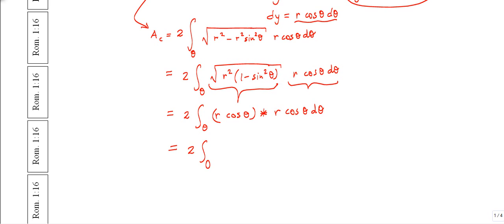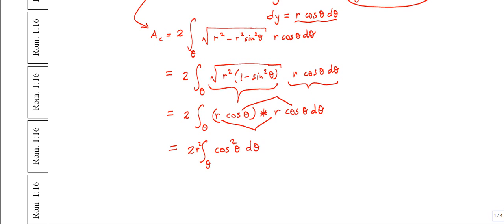So this then is 2 times the integral with respect to theta of, we get an r times an r, that's r squared, and it's a constant because the radius is constant, cos times a cos is a cos squared theta d theta. Alright, so now we ask ourselves, how do you integrate cos squared theta d theta?